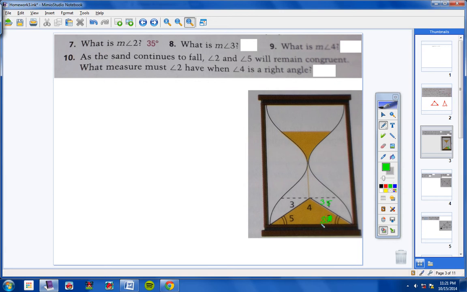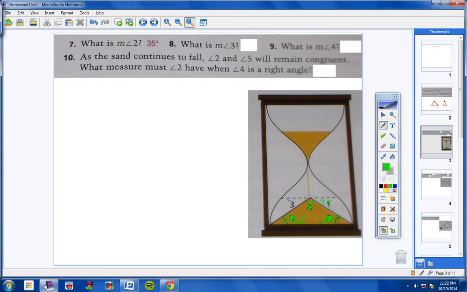I have 2 slashes here and 2 slashes here, which means angle 3 and 5 are congruent. So this angle here is also 35. Now I have a triangle right here, and triangles always add up to 180 degrees. So I have 35 plus 35 is 70, so angle 4 has to be 110.